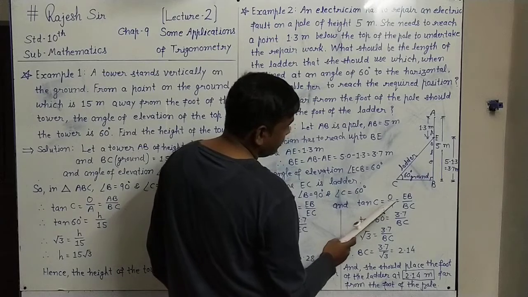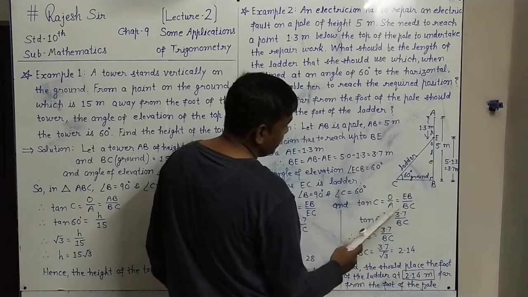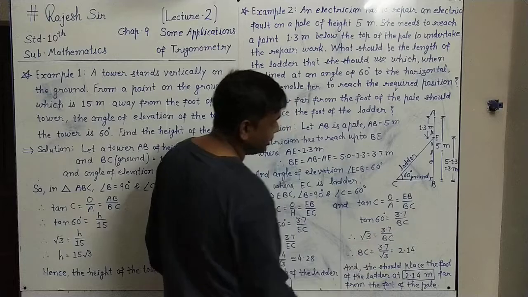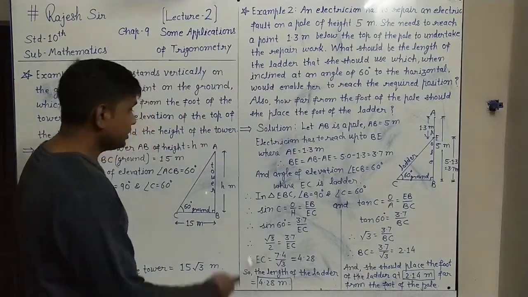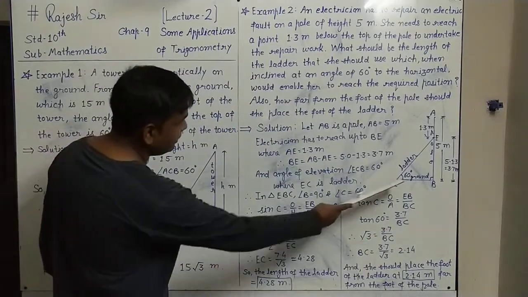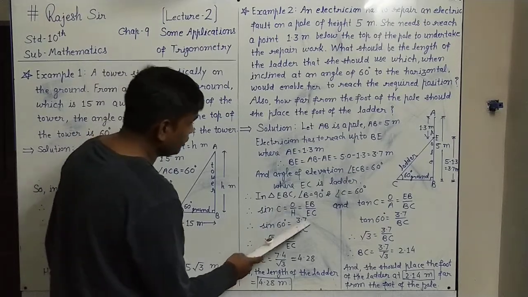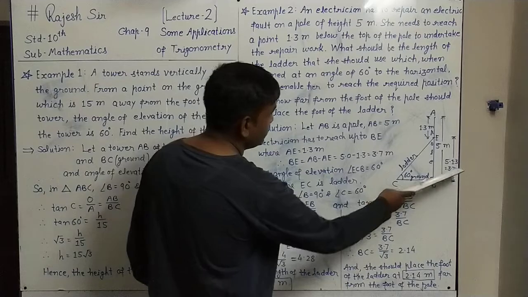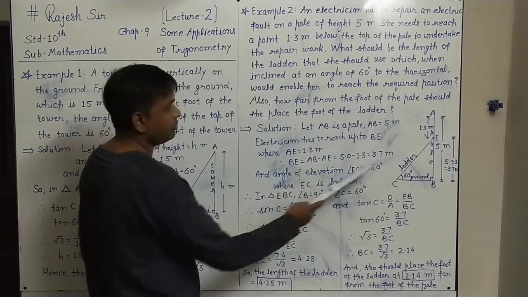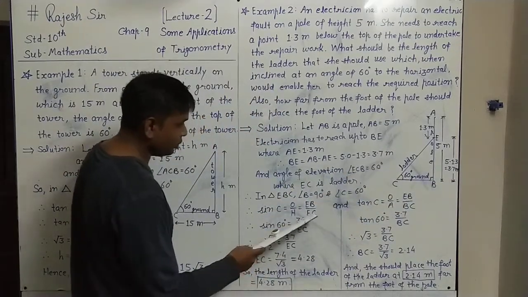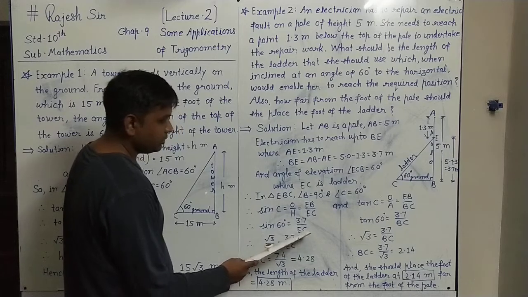For angle C, the opposite side is EB and the adjacent side is BC. Now place all the values. Sin 60 degrees equals EB, which is 3.7 as we found, upon EC, which we want to find out.